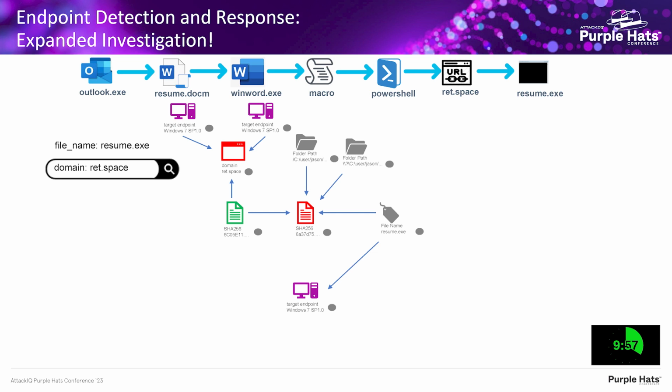Why didn't we see those earlier? Well, because maybe it's not resume.exe. Maybe it's a different SHA-256. We don't know. Maybe the adversary is flipping out that malicious payload. Maybe it's a different email that brought them in. We don't know. We'd have to investigate further, but it's interesting that those assets went to ret.space. And obviously we've got to add those to the investigation here.